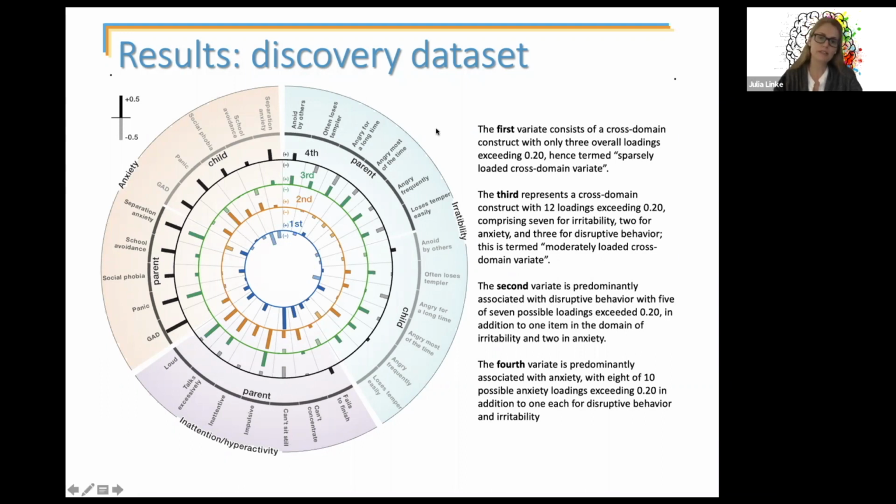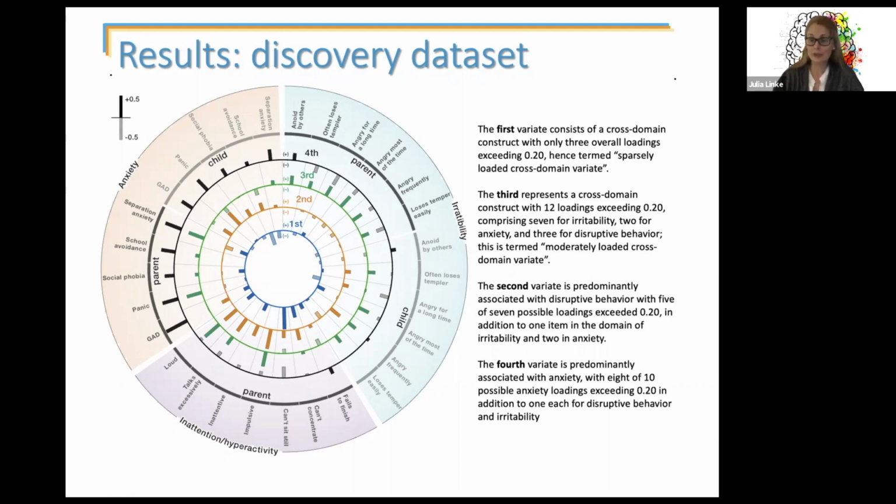So we see very high loadings for items measuring temper outbursts, separation anxiety, panic, and impulsivity. Whereas the first canonical variate, which also seems to be shared between diagnostic categories, shows the highest loadings for items such as can't sit still and can't concentrate, and might hence represent some sort of inhibitory control deficit.